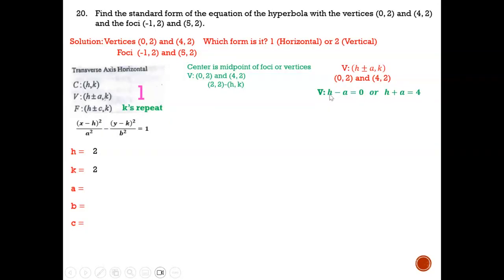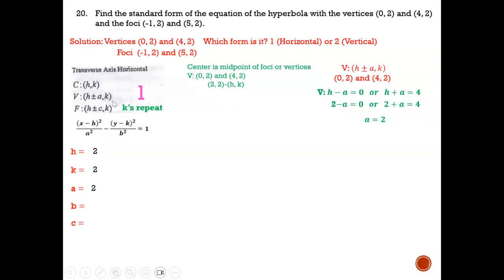The h is going to be 2, so it'll be 2 minus a equals 0, or 2 plus a equals 4. On the left side, if we add a to both sides, it gives us 2 equals a. On the right side, if we subtract 2 from both sides, it gives us 2. We get the same answer, so my a is 2.